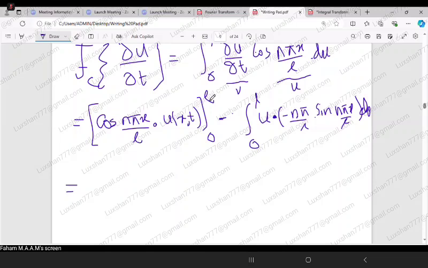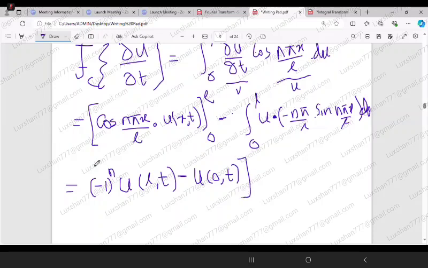Now if I substitute x equal to L, this becomes (-1)^n, because the L's get cancelled. So we get (-1)^n u(L,t). Minus, if I substitute x equals 0, this becomes 1, so we get u(0,t).